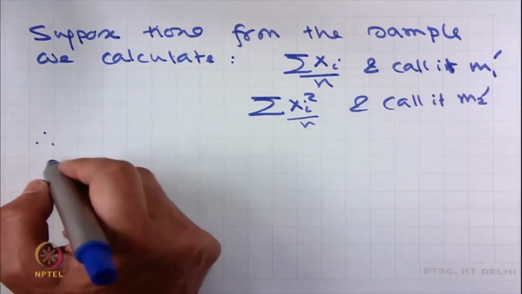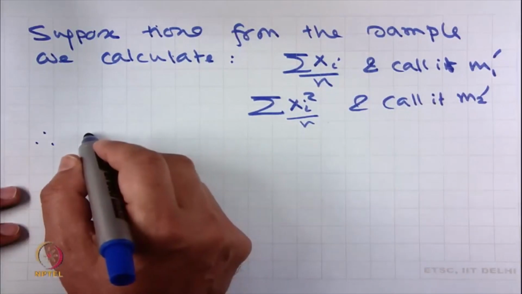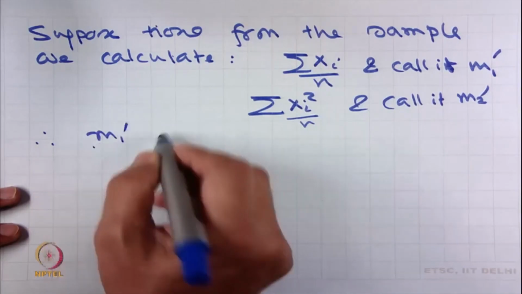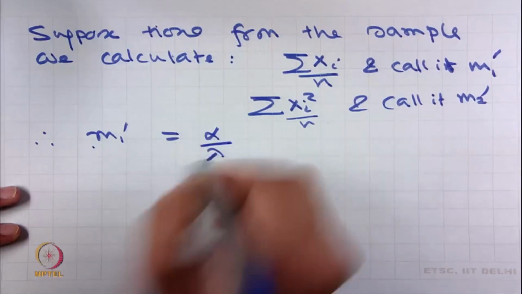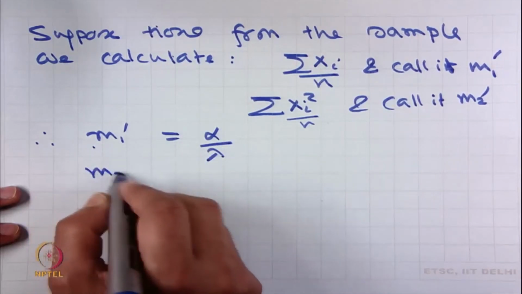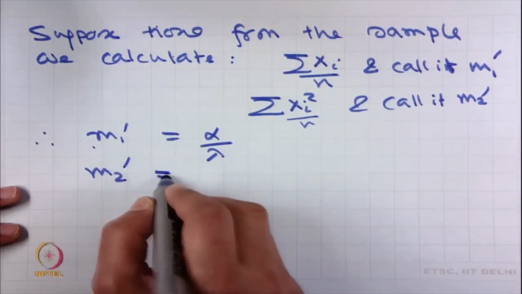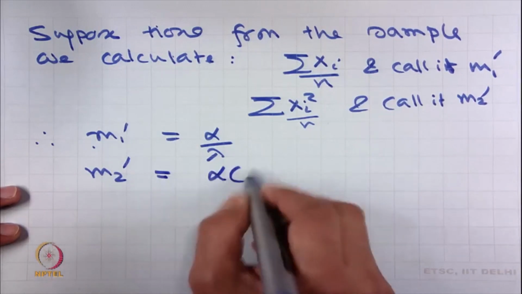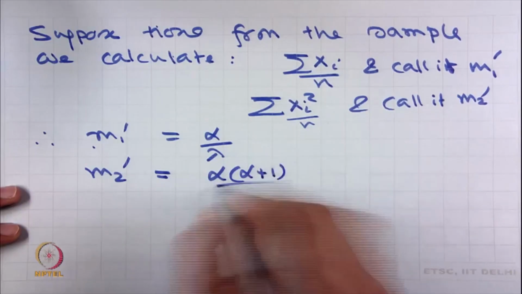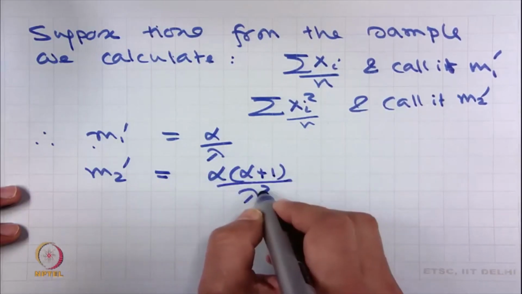Then we can write m 1 prime is equal to alpha over lambda and m 2 prime is equal to alpha into alpha plus 1 upon lambda square.